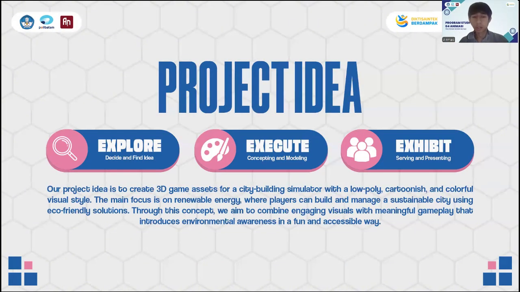The next one is the project idea, where we separate our workflow into three steps: explore, execute, and exhibit. Explore is where we start everything, the first step of our movement. We decide and find any instruments and ideas that we can choose and use to realize our idea into an object, a 3D model in our case.